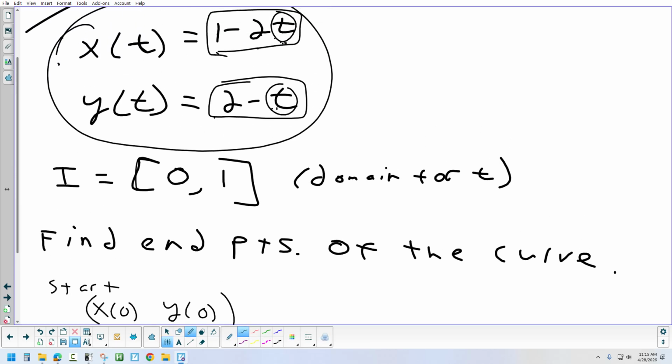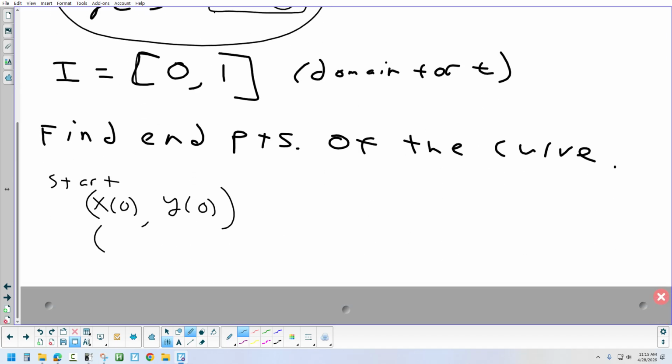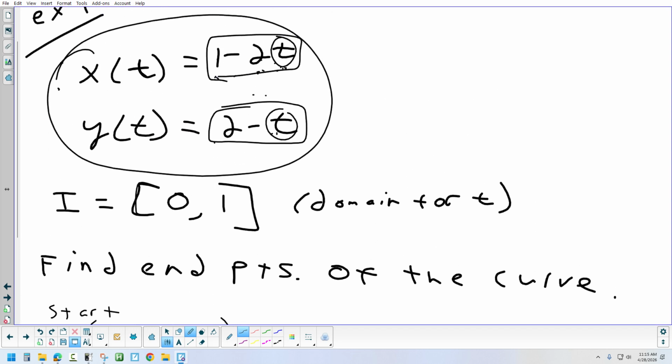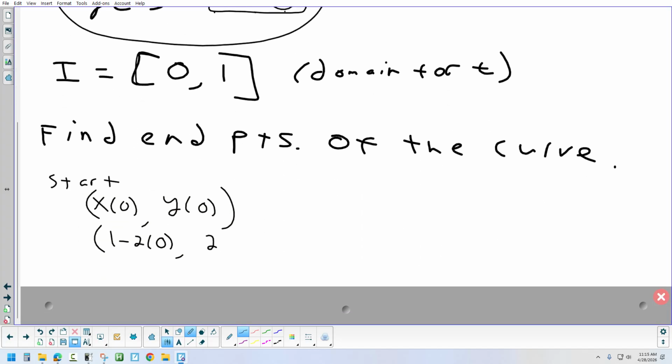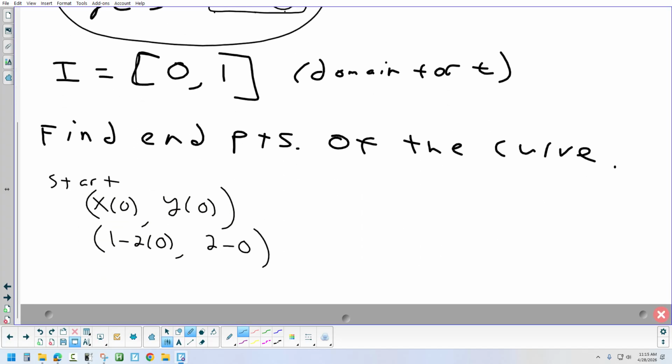Okay, so let's plug in 0 here. 1 minus 2 times 0. Plug 0 in here. 2 minus 0. So where is this graph going to start? Yep. -1, 2. So if you were going to draw this graph, you would start at the point -1, 2.